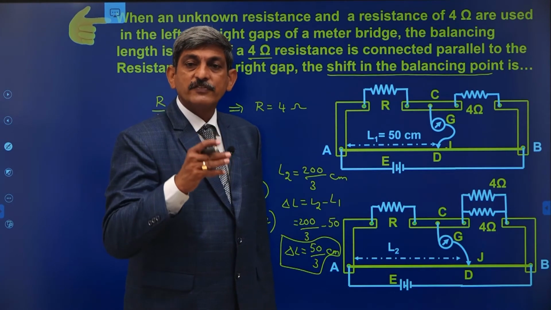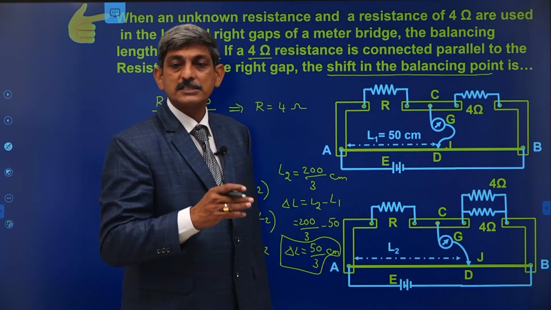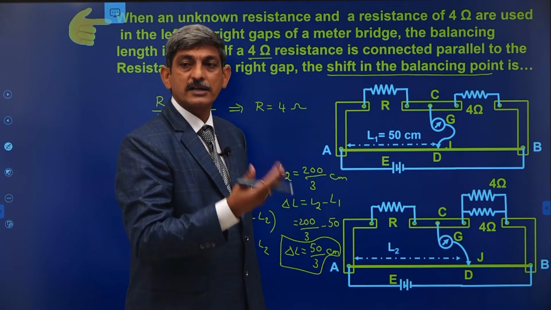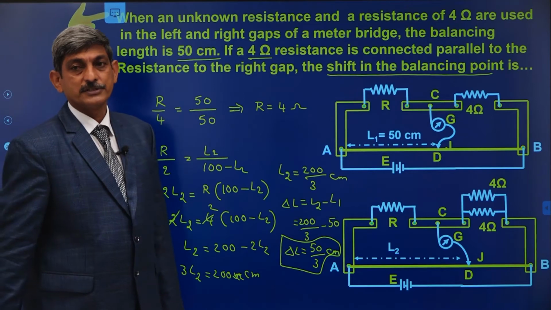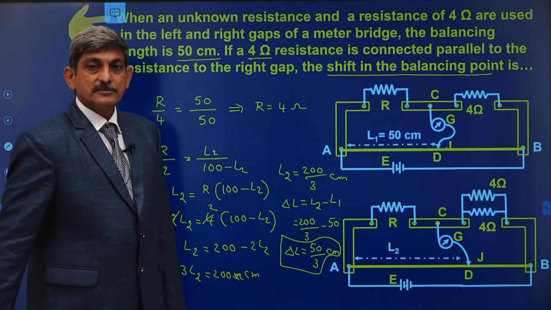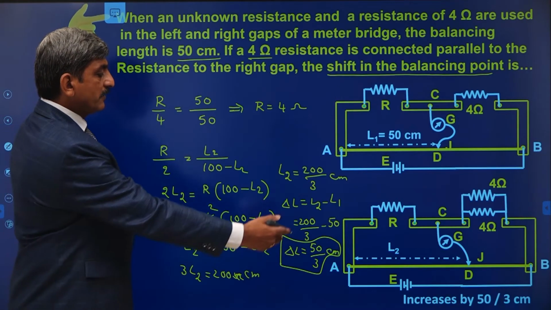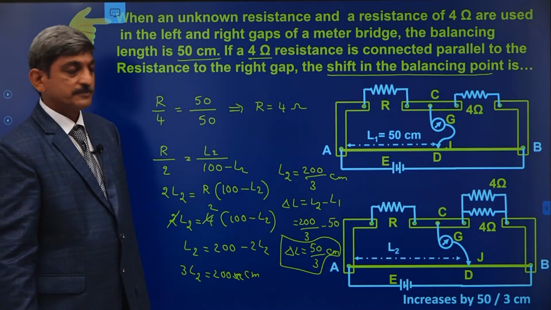By identifying whether the resistance increases or decreases, we have to decide whether the balancing point is shifting towards the left side or right side. Then we can solve the problems without getting confused. Right? Here the answer is 50 by 3 centimeters, a shift towards the right side.